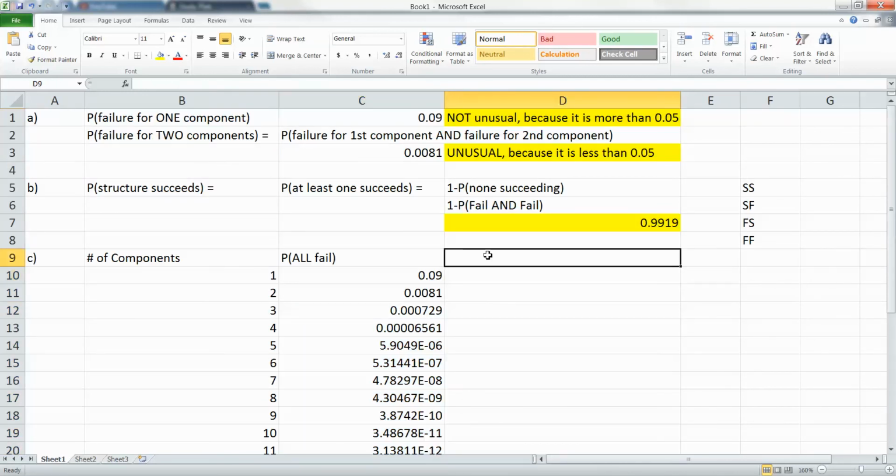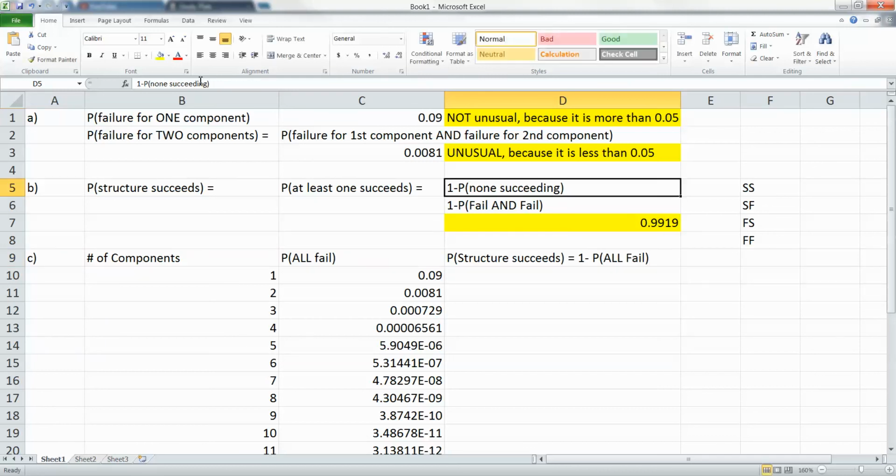All right, so then what's the probability that the system, structure, whatever it was called, succeeds? That's equal to 1 minus the probability that they all fail, right? None succeeding. Because if neither one of them succeeds, then they both fail.